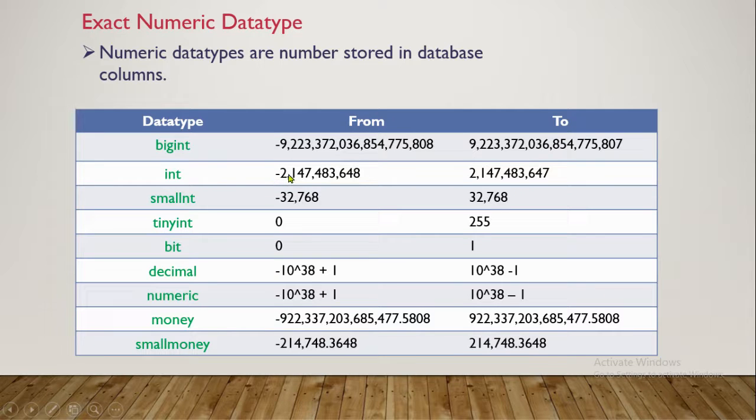Int can store from this range to this range. Smallint can store from this range to this range. Like that, we can use these data types to store data, depending on the need of our data.